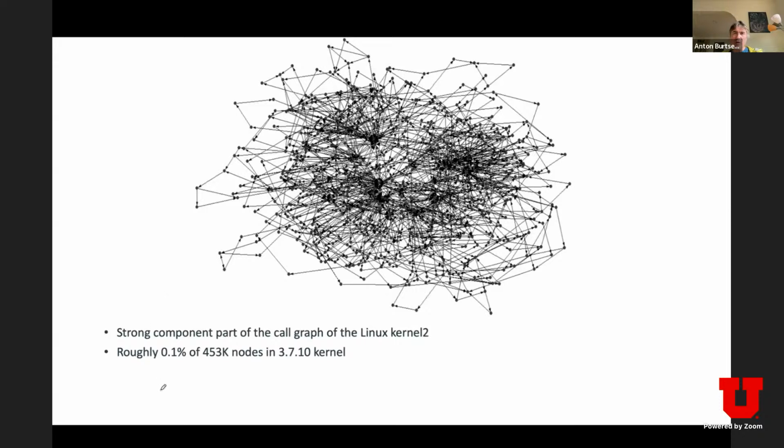Modern kernels, like FreeBSD, Windows, to some degree macOS, although it's more modular, but essentially Linux itself, are not designed for compartmentalization, for isolation, right? This is an example of a graph in the Linux kernel, a strongly connected graph with roughly 453,000 nodes.